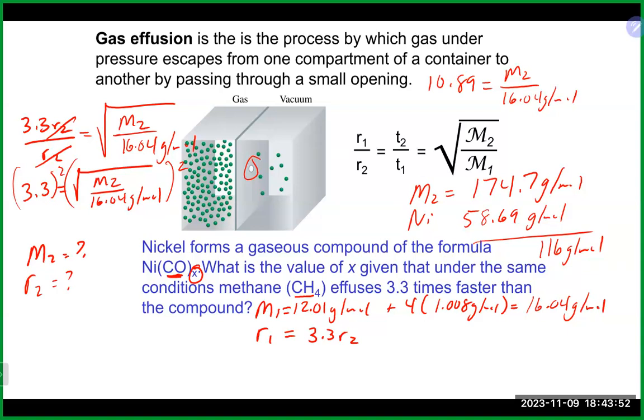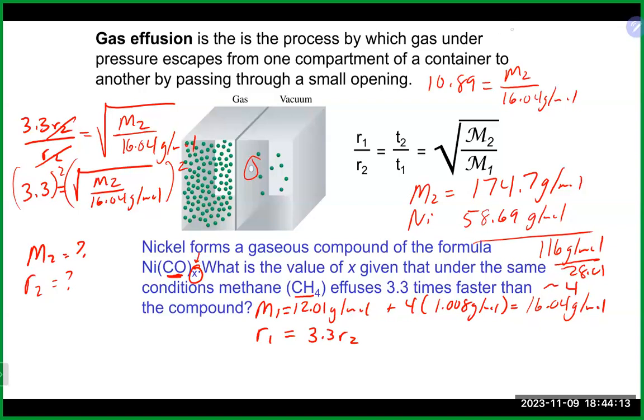If I take the 116 left over and divide it by 28.01, that tells me it's about a 4 and some change. That means the X value here should actually be 4.